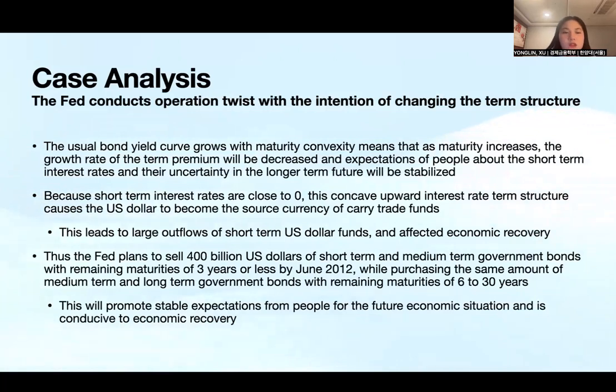The result of this is to adjust the term structure in this case: reduce people's expectations for the future short-term interest rate and their uncertainties, increase short-term interest rates in the money market, and encourage society to engage in relatively stable medium-term and long-term refinancing.